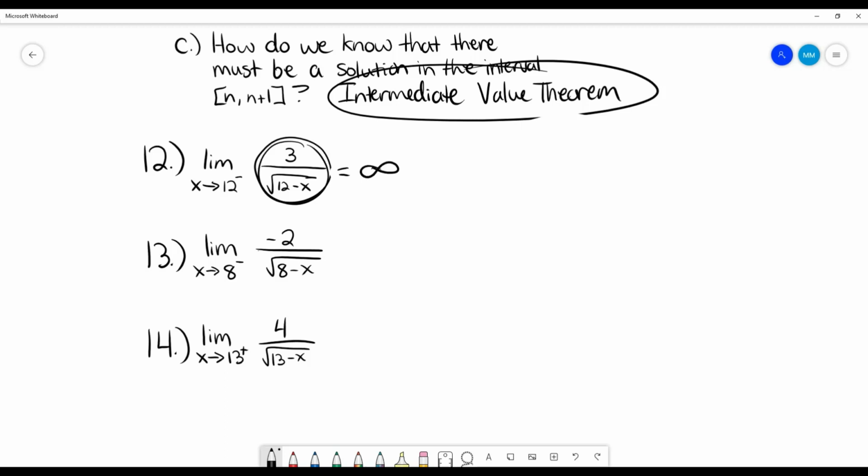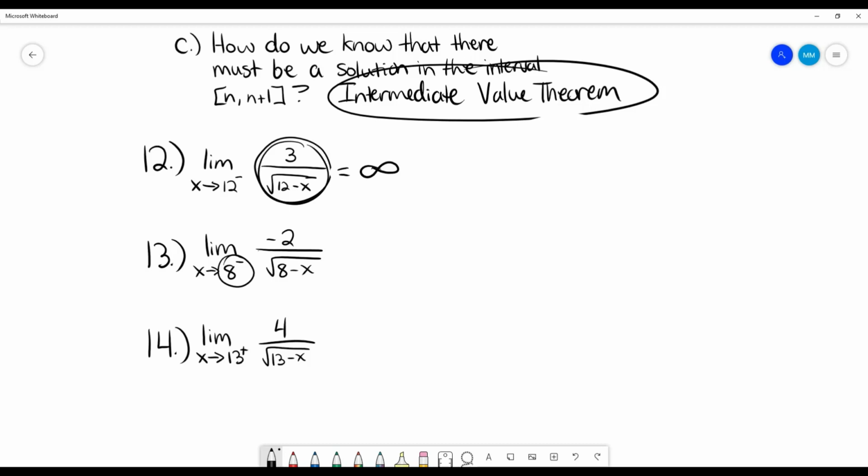Now doing number 13, it looks like the exact same thing, except now our function has a -2 on top, and we've got an 8 to go in. We're still looking at values less than 8, so we're within our domain, all the same. If it was, say, an x minus 8, then we would want to be looking at it from the right side. Otherwise, we'd be out of our domain in that radical. But it's not, so we are in our domain for all of this.